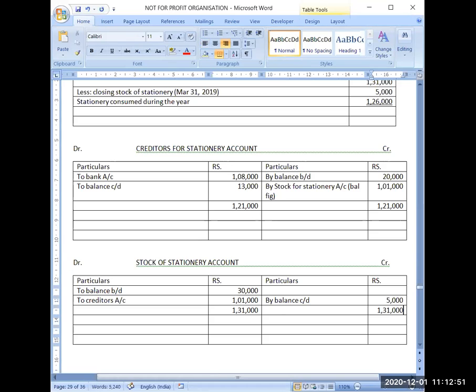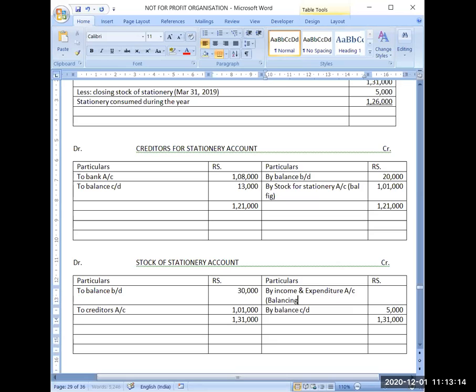And here you will write by income and expenditure account, balancing figure. So it will be 1,26,000. So this is another way.